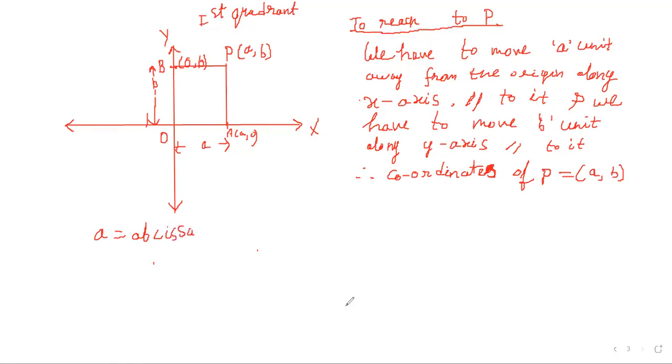Abscissa means the distance from the origin along which we have to move to reach a point. And b is called ordinate. A is abscissa and b is ordinate. And for the first quadrant, if we represent abscissa by a and ordinate by b, a is greater than 0, b is greater than 0.